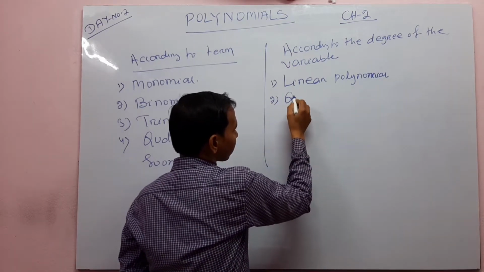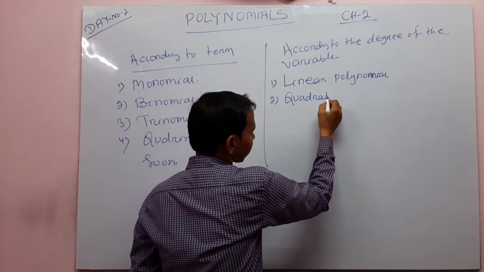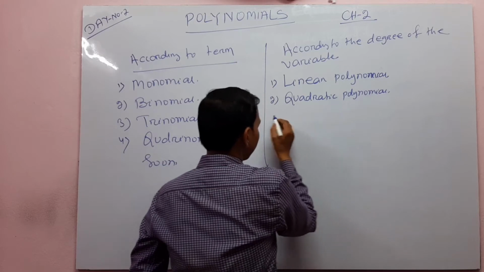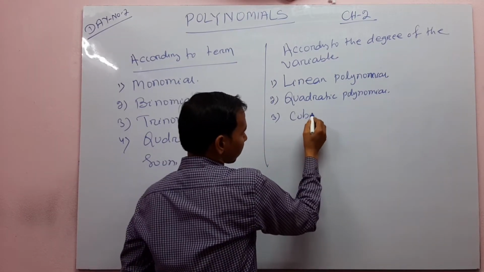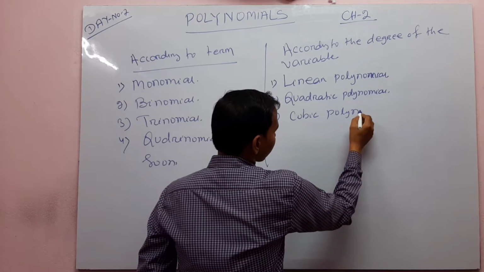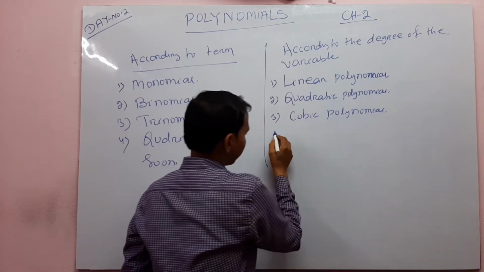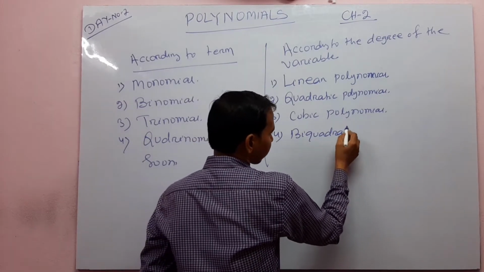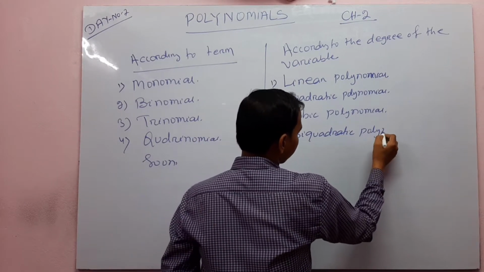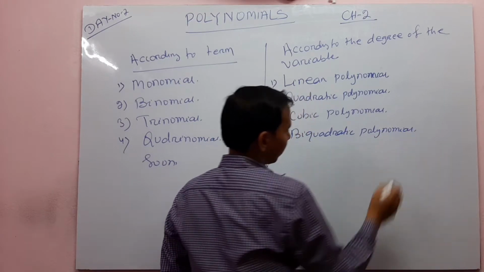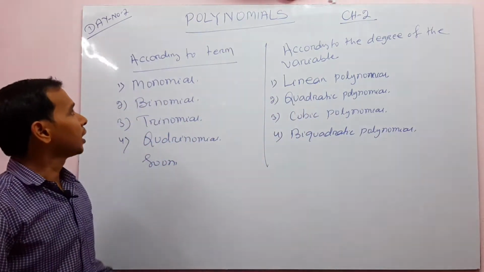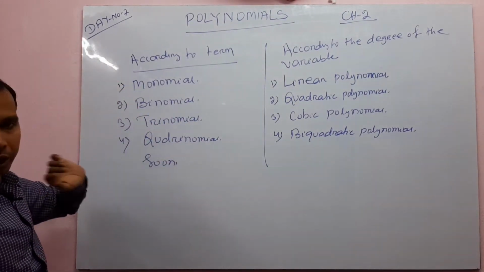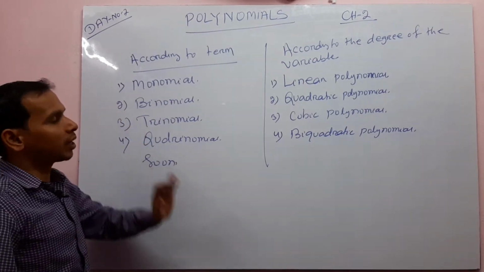Second one, quadratic polynomial. Third one, cubic polynomial. Fourth one, biquadratic polynomial.